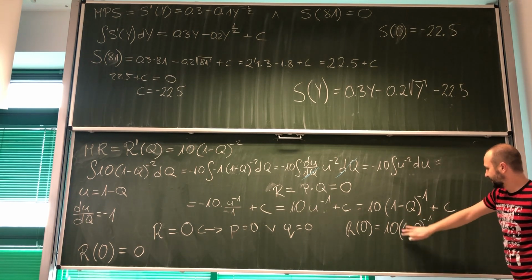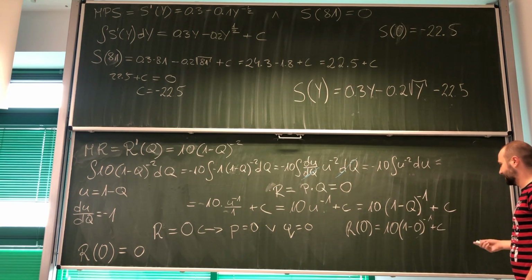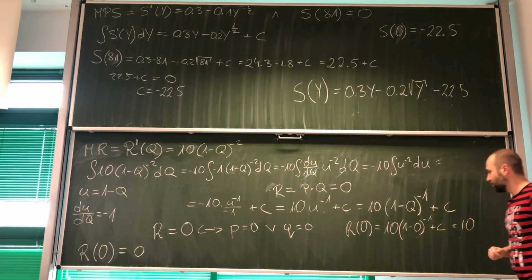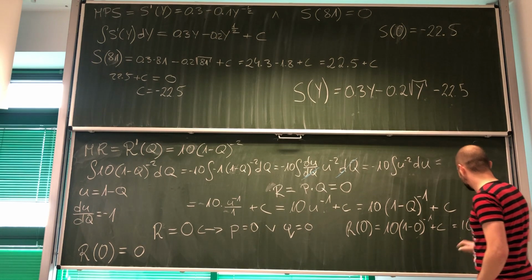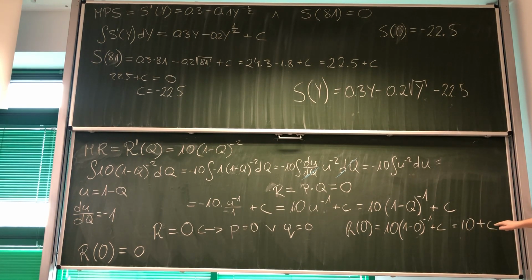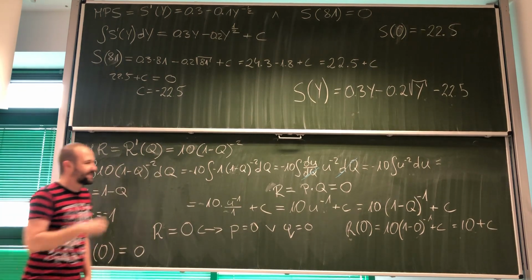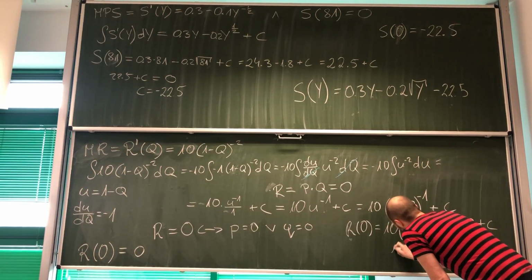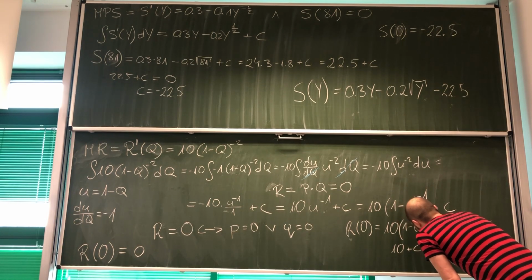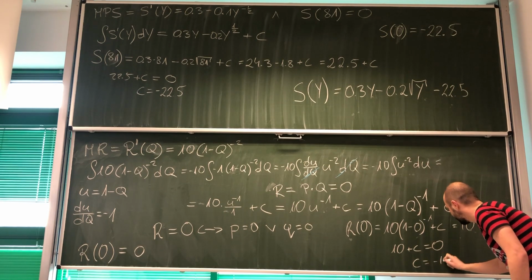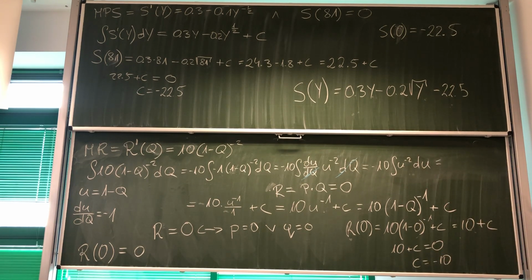This, of course, is equal to 1. 1 to the power negative 1 is still 1. You get that this is 10. Okay, and now we get 10 plus c. Comparing those two expressions, we've got that 10 plus c is equal to 0. So we get that c is equal to negative 10.